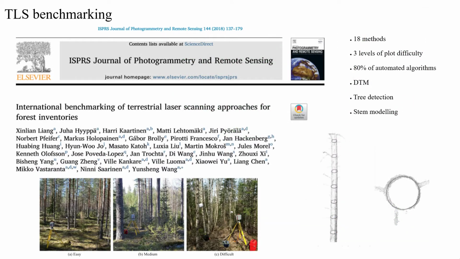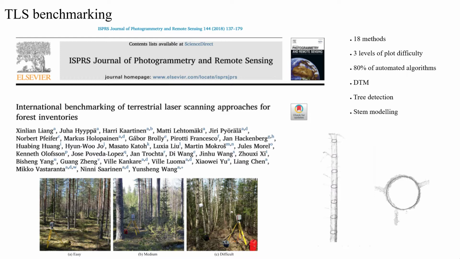Well, we actually got so many algorithms and methods published and validated that we were able to get to a point in which a benchmark could be done. This paper was published last year, and it compiles several methods, most of them automated, that were tested and validated in different plot scenarios, from difficult, which are small stems, very densely close together, up to areas with sparse trees with larger diameters.